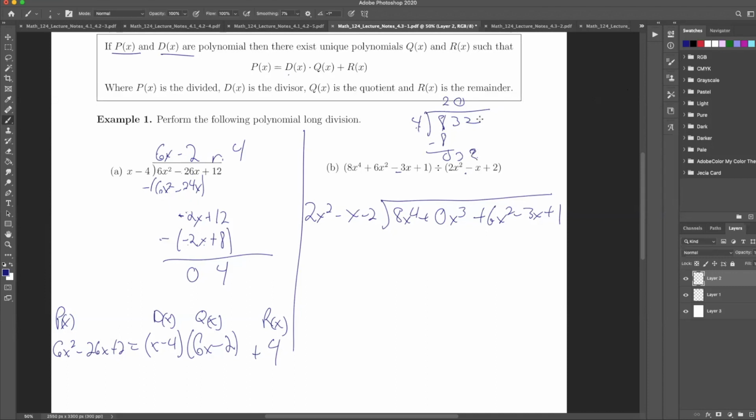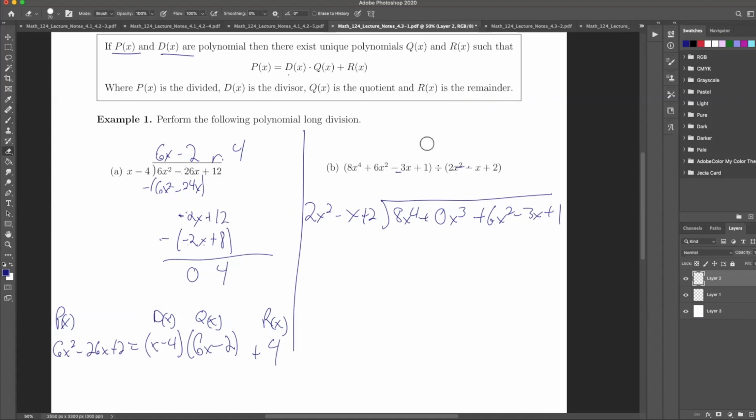This goes into 32 8 times cleanly, actually. This is minus 32, and you get a 0, and then you have remainder 0. That's what we did for normal long division.